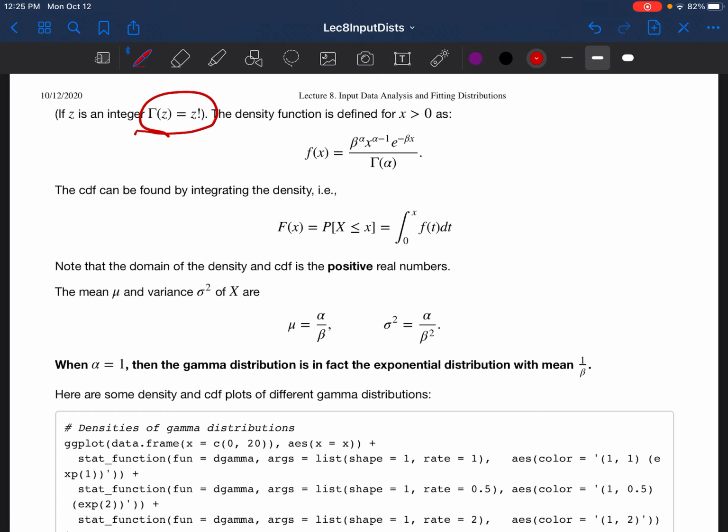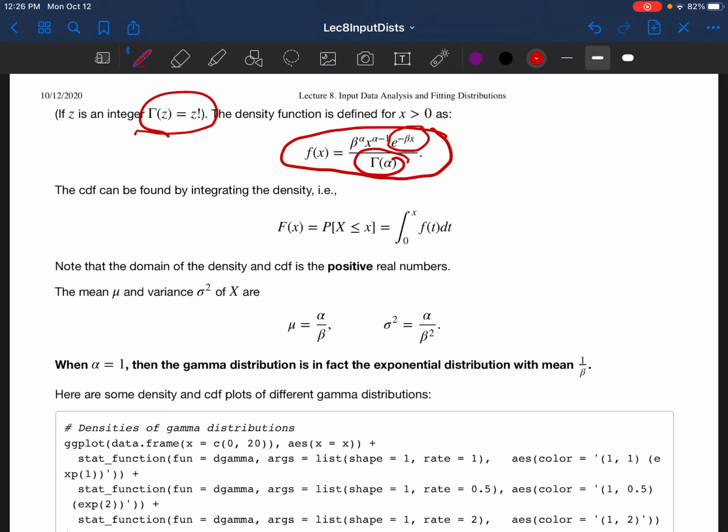The density function, defined for x greater than 0, is the following. You can see it has the exponential, and you should think to yourself, well, that does look a little exponential. The only difference is it does have this gamma function in terms of the shape, and the rate occurs over here. You can see, again, the rate and the mean are going to be related.